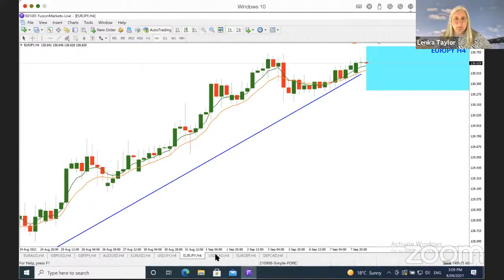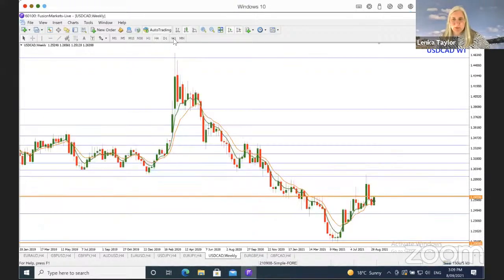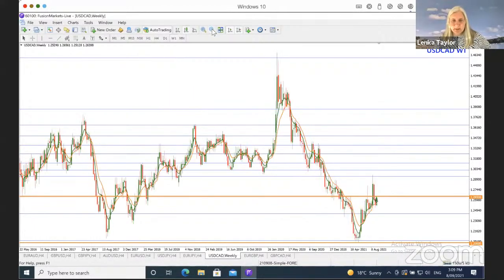The next currency pair I'm going to have a look at is USD CAD. Now, USD CAD, at the moment I'm looking for a short. Yeah, this one, not that confident.